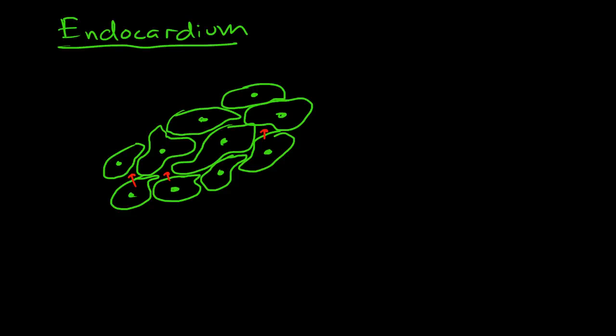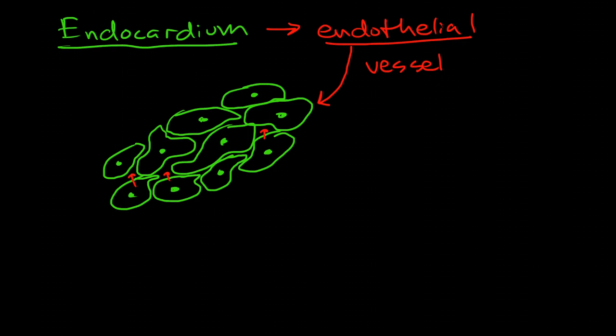Now, endocardial cells are very similar to, in fact, nearly indistinguishable from endothelial cells throughout the body. Endothelial cells are the cells that line vessels, including arteries, veins, and capillaries.